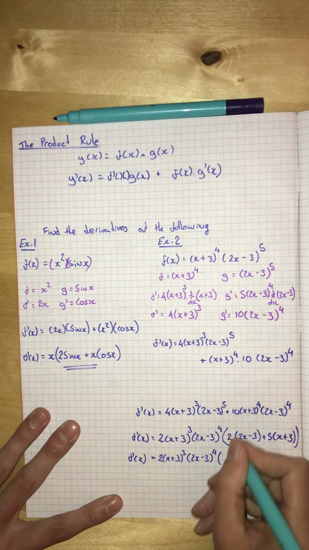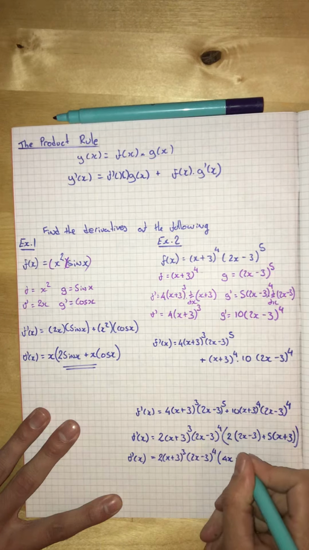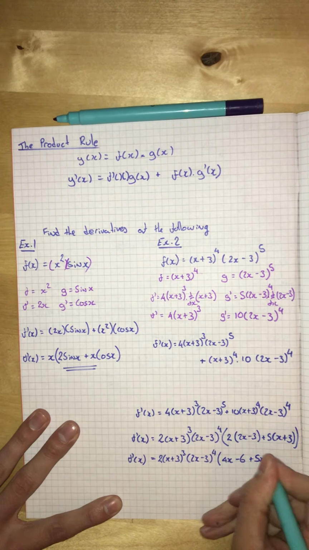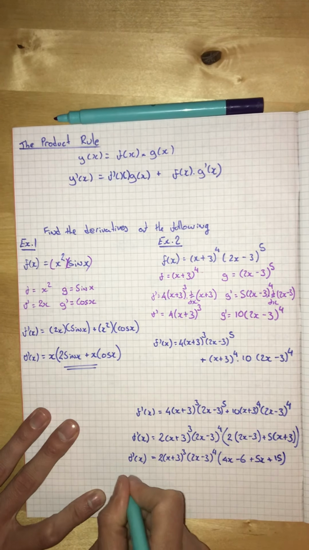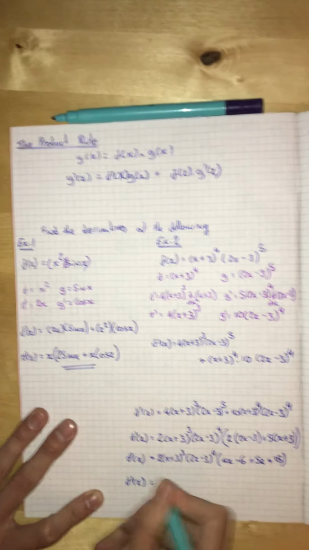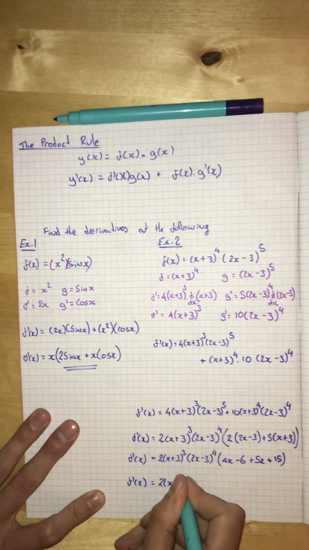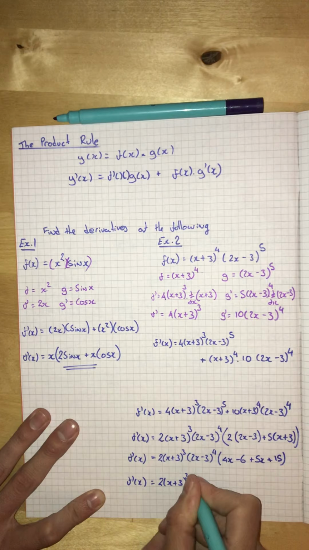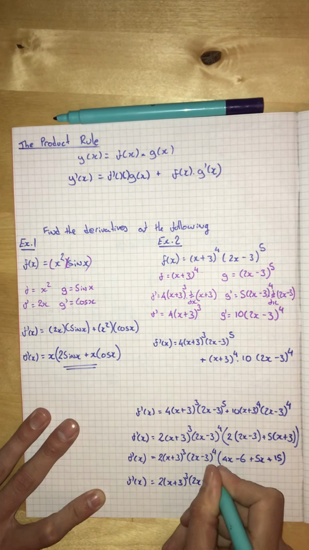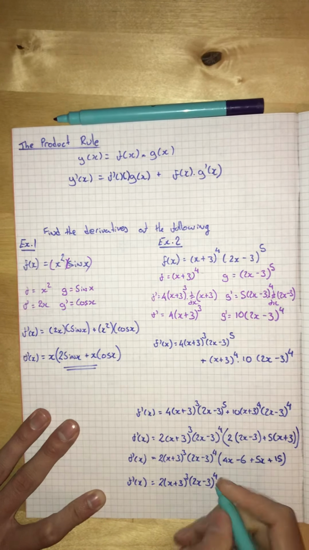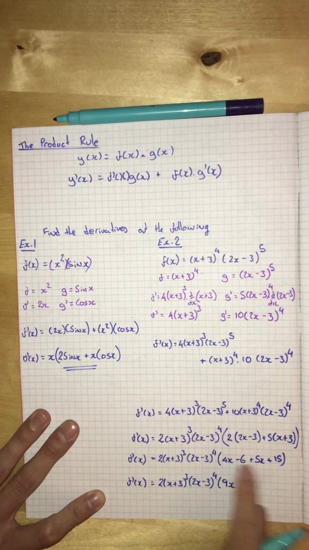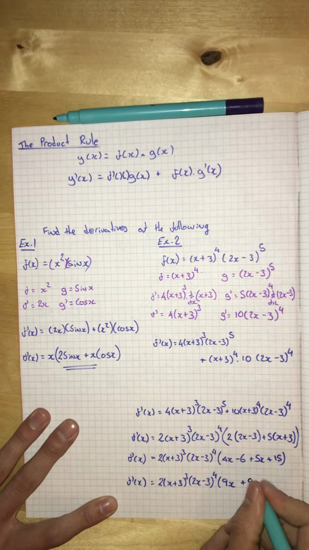We're going to get 4x minus 6 plus 5x plus 15. And then finally, to finish, 4x plus 5x is 9x. Negative 6 plus 15 is plus 9.